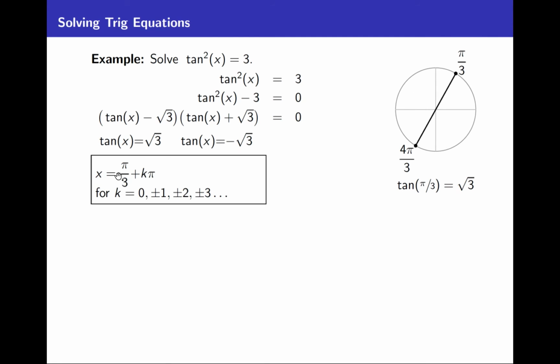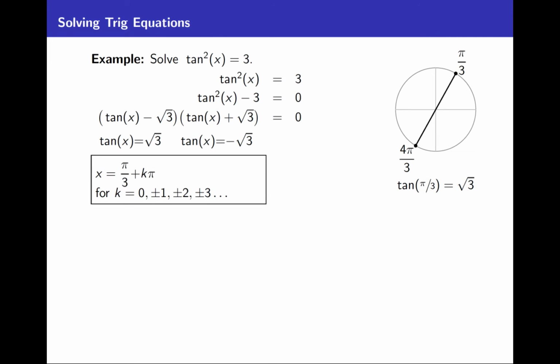Collecting them all together, we could say if x is equal to pi over 3 plus k pi, where k is an integer, so either here or there on the unit circle, then tangent of that number is going to be equal to square root of 3. And that's going to be a solution to this equation. So we are picking up here infinitely many solutions to this trigonometric equation, which is to be expected because after all, tangent is periodic. You'd expect to get infinitely many solutions.